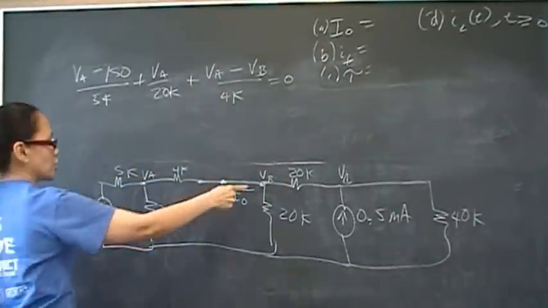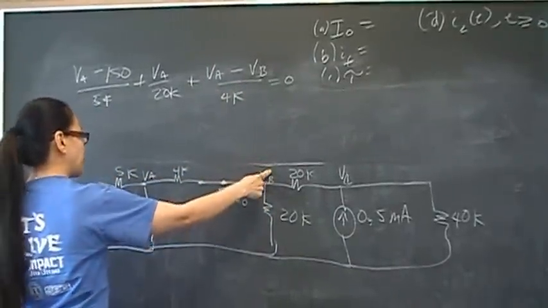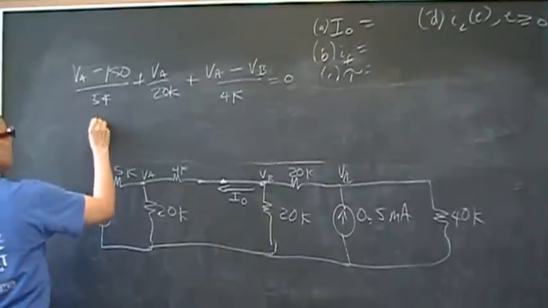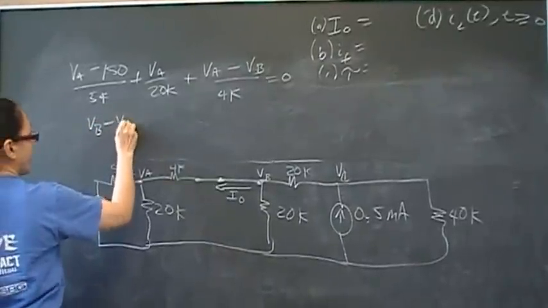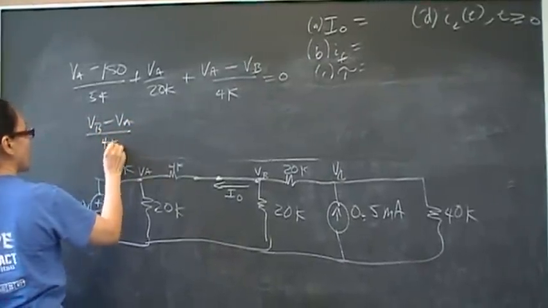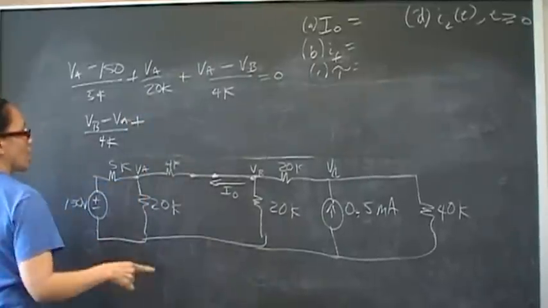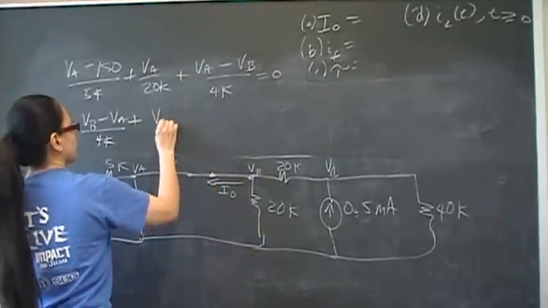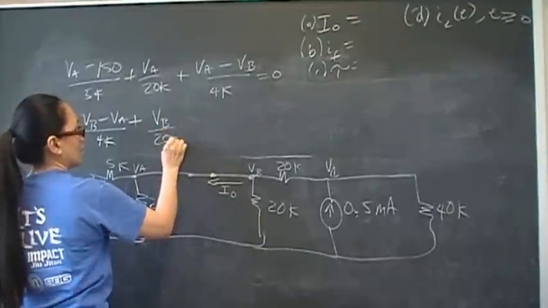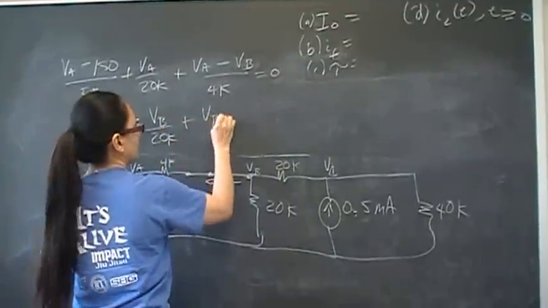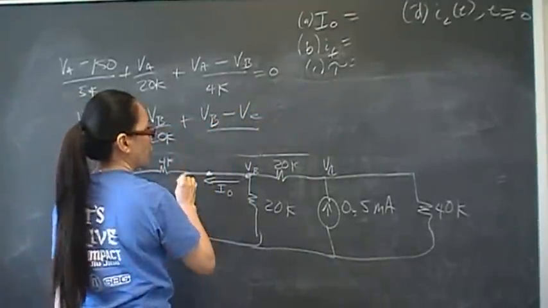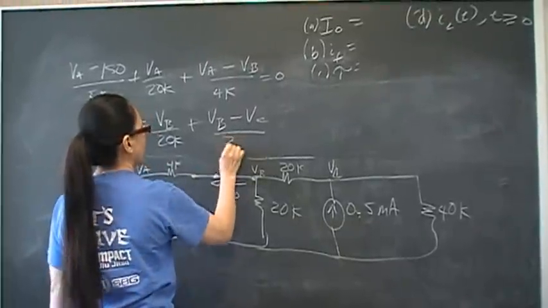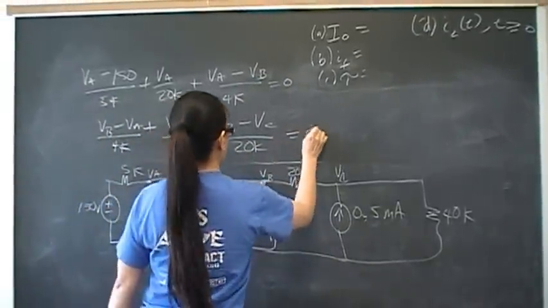Now my node voltage equation at VB gives me VB minus VA over 4K, which by the way is I0, and then VB over 20K, and then VB minus VC over 20K, all equal to 0.